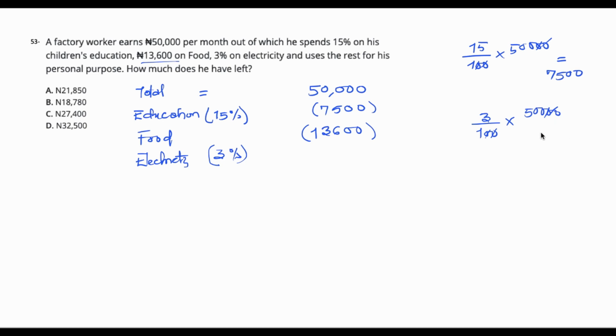And that will result in 3 times 500, which is equal to 1,500. So on electricity, he spends 1,500. So 50,000 minus all of his expenses, which is 7,500 on education, 13,600 on food, and 1,500 on electricity, results in 27,400. So he's left with 27,400, which is C.